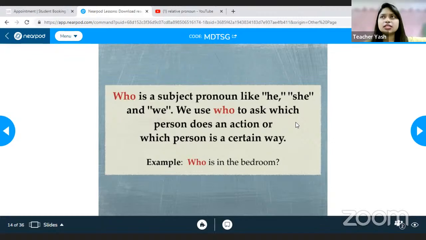This one is a question. The example given is a question, but actually we are learning how to put this relative pronoun in the middle of the sentence. So we use who to ask which person does an action or which person is a certain way.